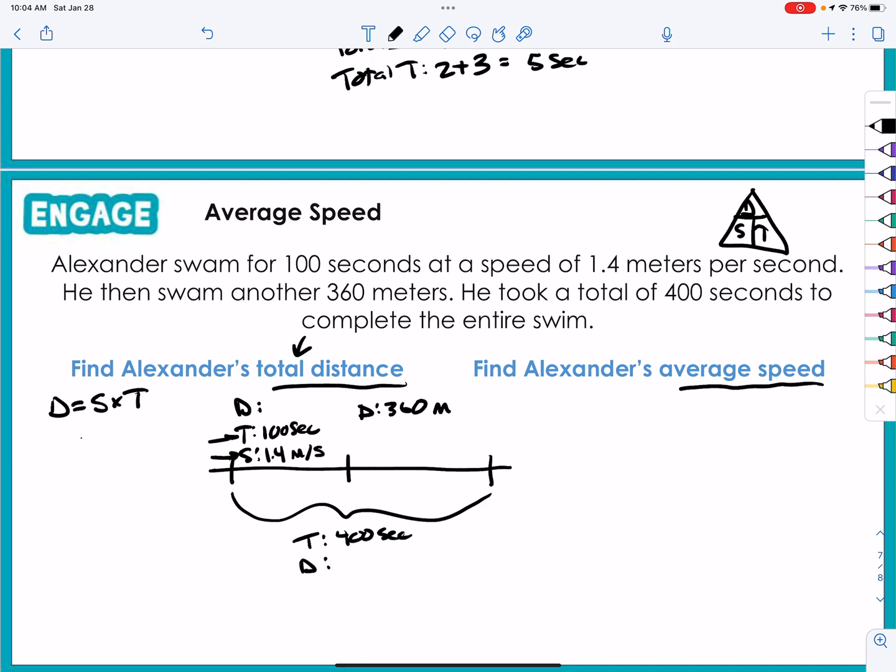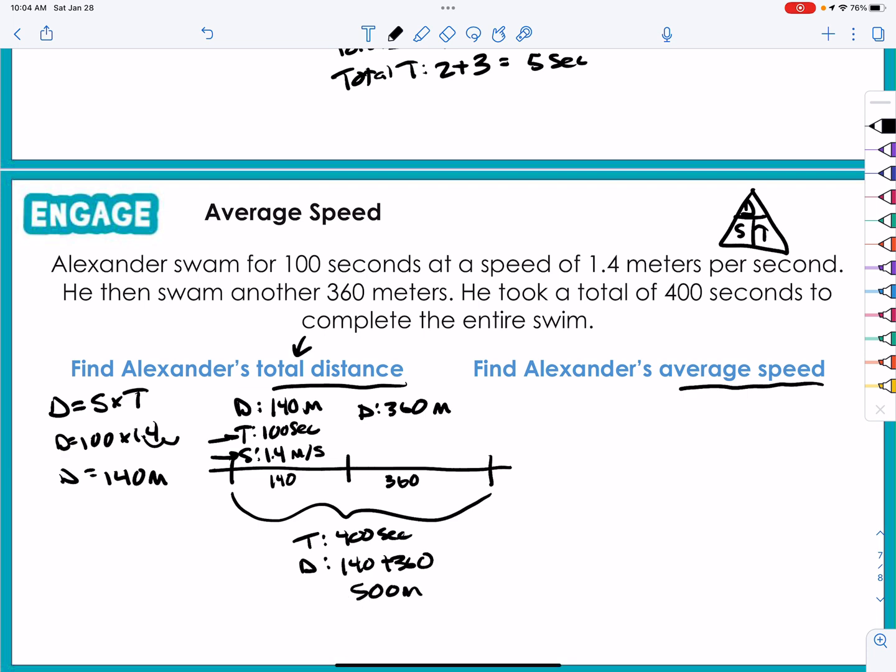So we need to do 100 times 1.4. And I know multiplying by 100 moves our decimal point 2 places. So in that first part, Alexander swims 140 meters. So if I know this first chunk is 140 meters, this second chunk is 360 meters, we know his total is going to be both of those pieces, or 500 meters.